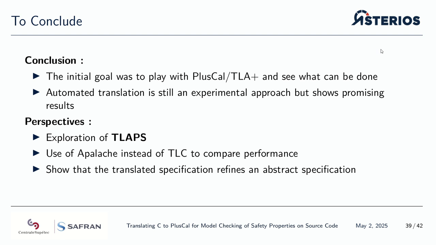And finally, one of the ideas that we had, that we didn't have the time to try, is to show that the translated specification refines an abstract specification. So, for example, to show that the source code respects an abstract specification of the model that we want.